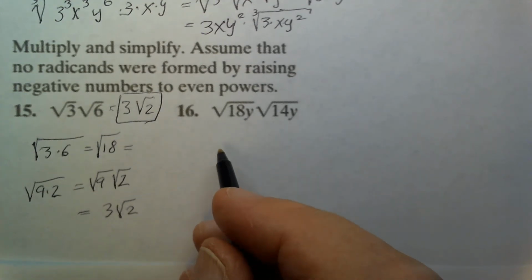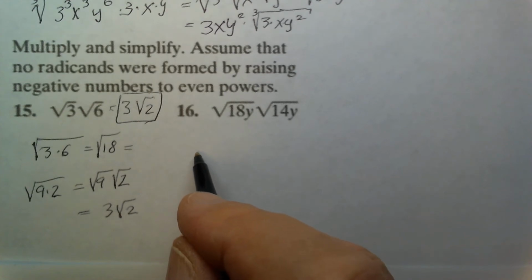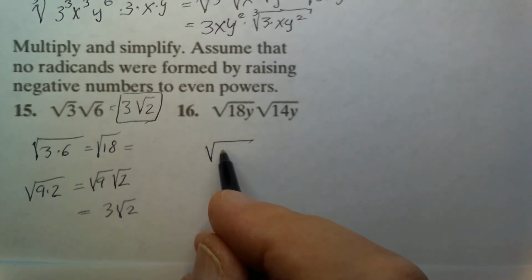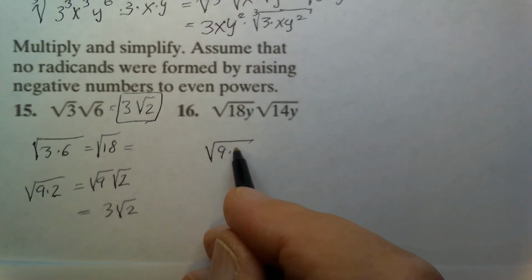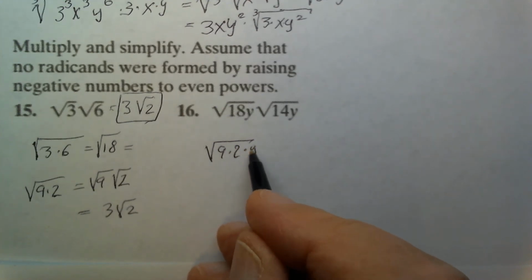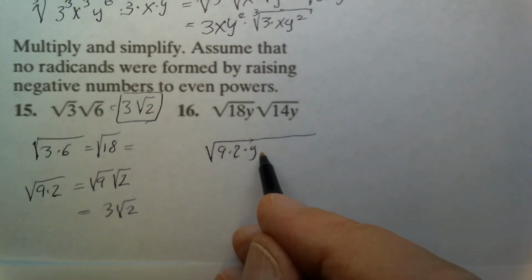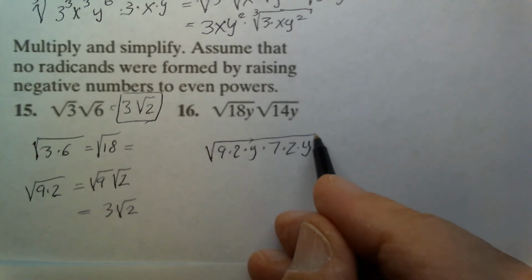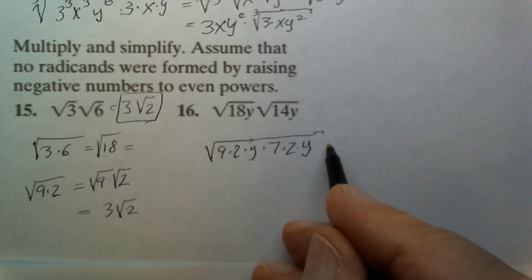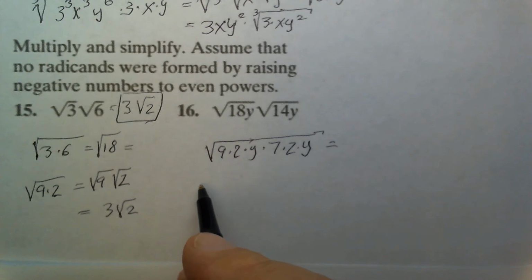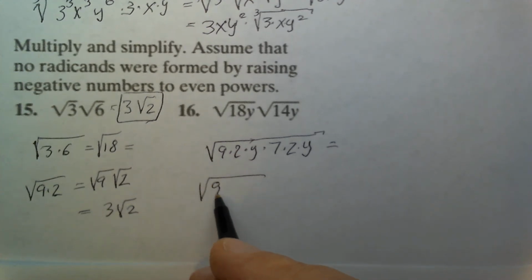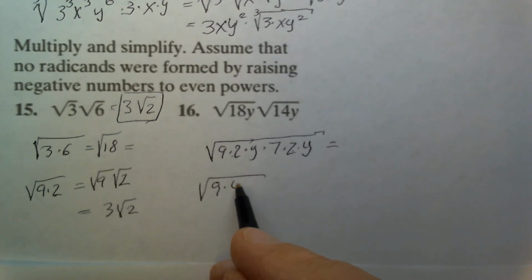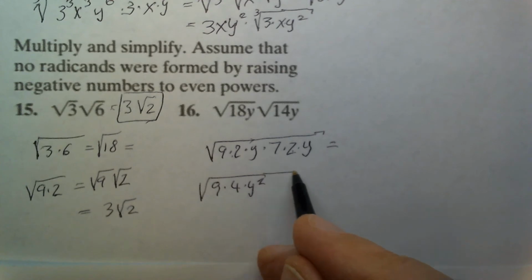So for number 16, we can write the square root of 18y as the square root of 9 times 2 times y, and 14 we can write as 7 times 2 times y. So we can see now that we have a square root of 9, and 2 times 2 is 4, and y times y is y squared, and then there's 7y, 7 times y.